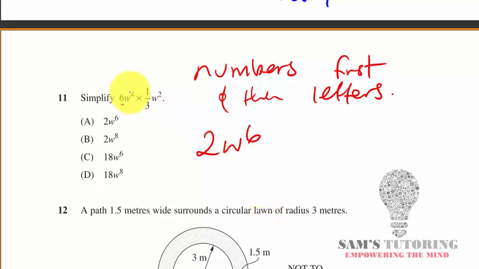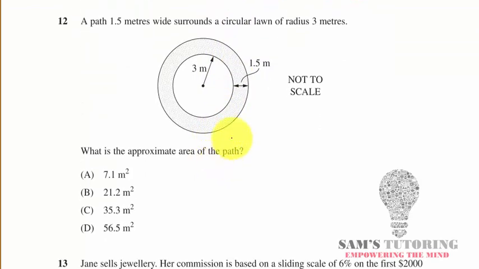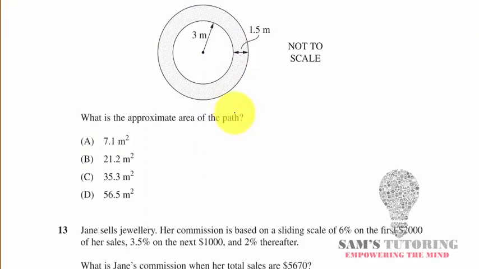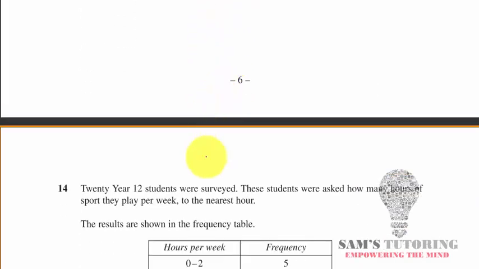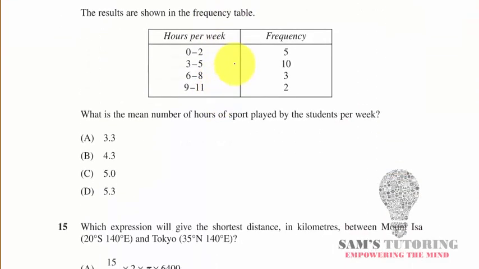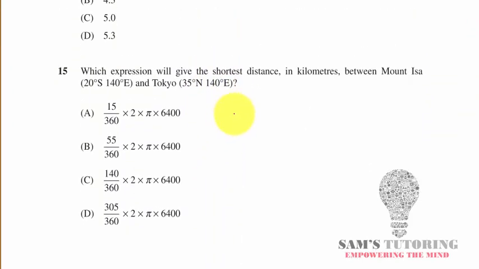Why? Because you do 4 plus 2, not times. 4 plus 2, which is 6. Cancel that. Do that one. Yep, let's do this one.